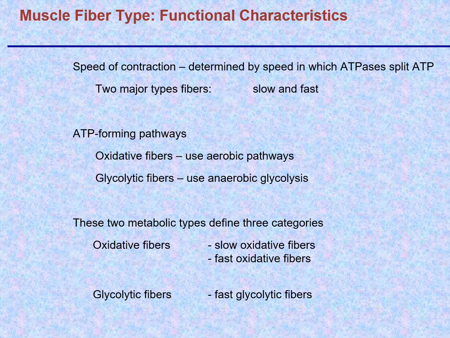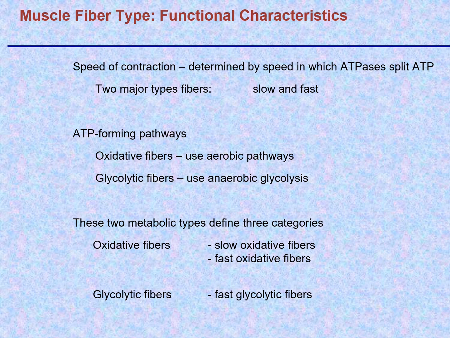The actual speed of contraction of the skeletal muscle fiber is determined by the ATPase activity. The ability of ATPase, the enzyme that will split ATP, release a phosphate and release energy, depends on how quickly it can act. In muscles, you can find two major types of fibers: slow fibers and fast fibers.